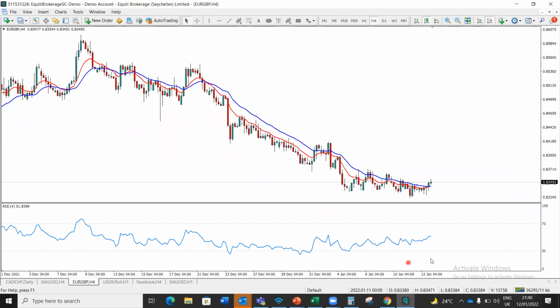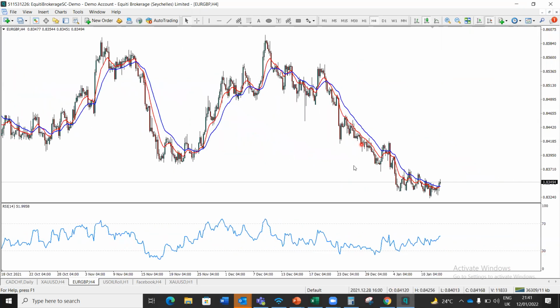Okay, so you notice that we have the calibration of 30 and 70, which falls between 0 and 100. Remember what we earlier said? For trend identification, this is the RSI value, 51.99.